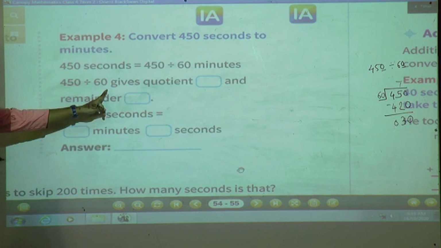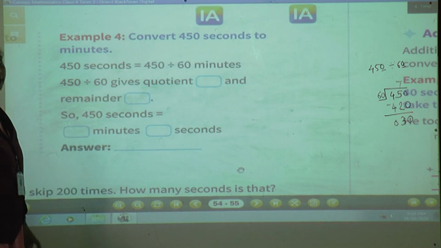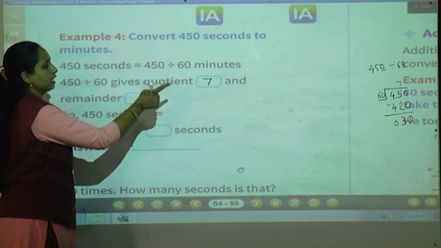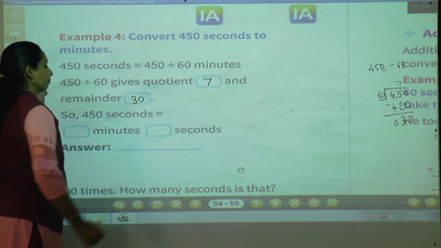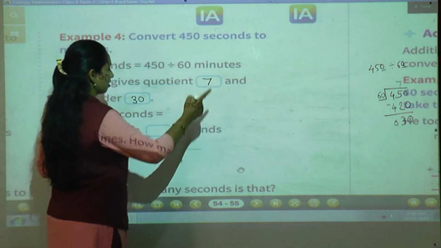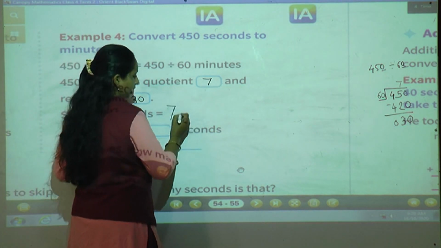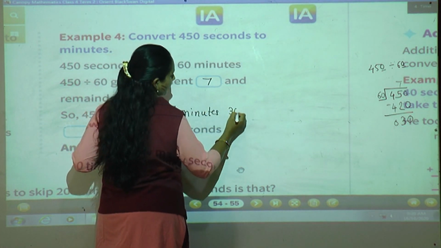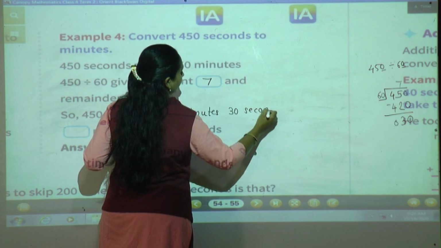So 450 divided by 60 gives quotient how much? 7, and the remainder is 30, and 450 seconds is equal to, then how much is it? 7 minutes. See, we are converting into minutes. 7 minutes 30 seconds.